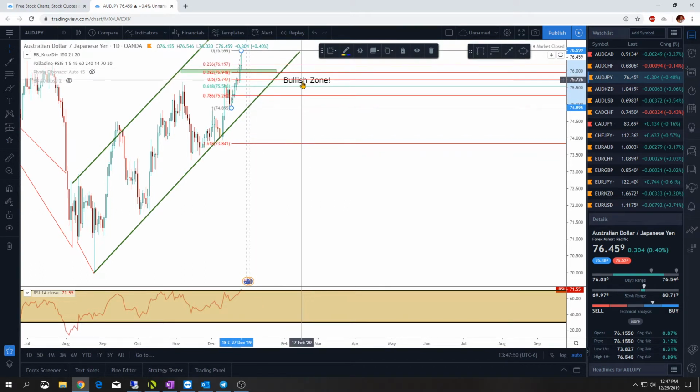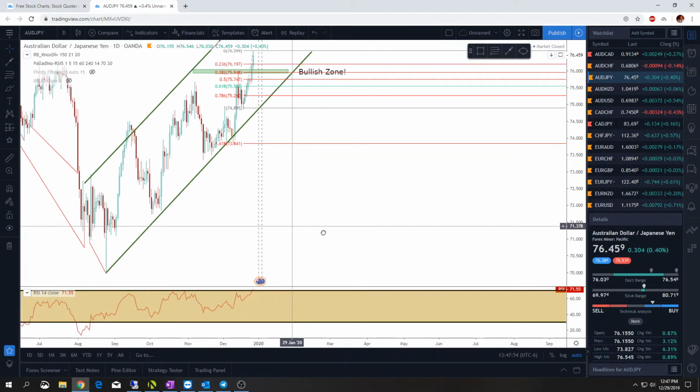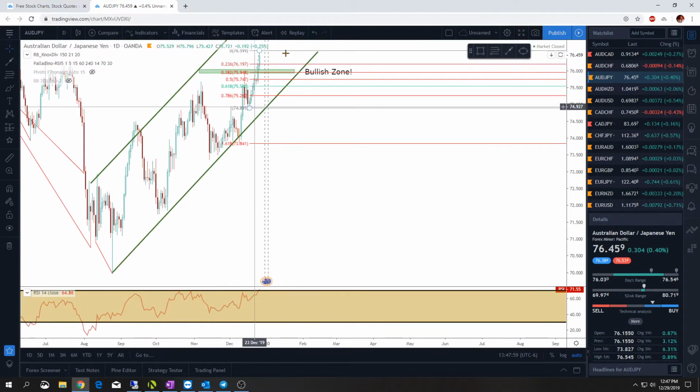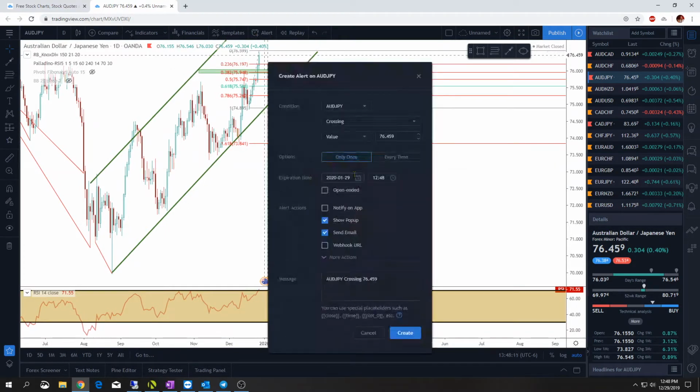So if we get a pullback to that level, I'm going to be bullish there. Oop, moving the wrong thing here. I'm going to be bullish here, especially because Australian dollar is getting stronger. So that is what I'm doing on this pair. Actually, you know what? I'm going to put an alert there. Those of you that use alerts, 75963.